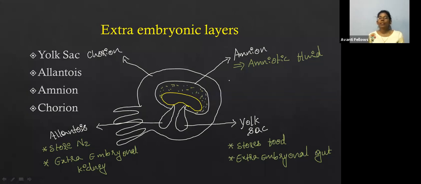This amniotic fluid is going to act as a shock absorber, and it also provides a liquid medium for the developing embryo so that the embryo can rotate inside the mother's womb.